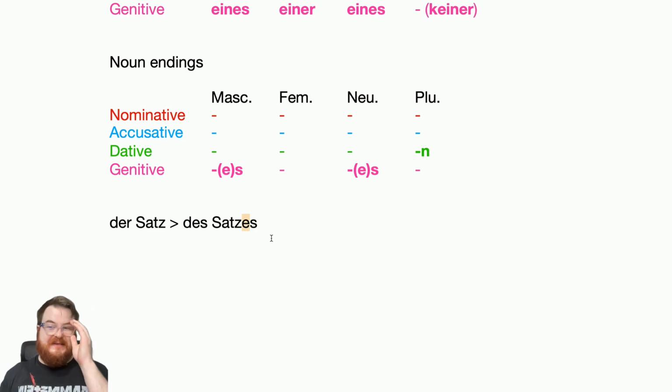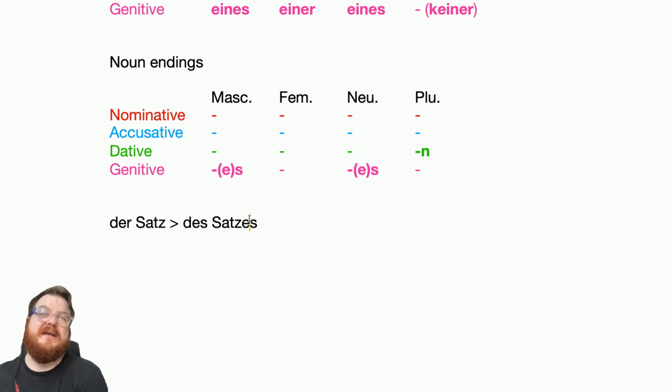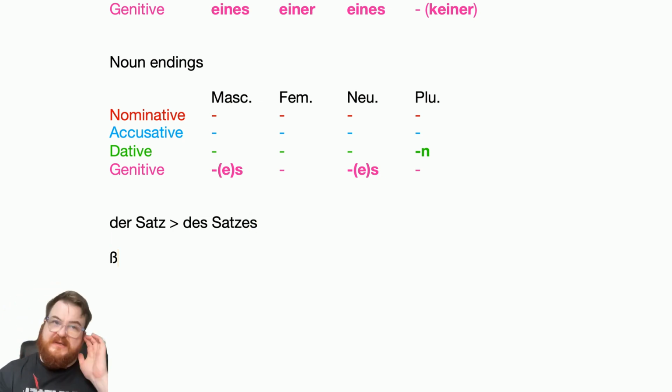And the reason it has a little e is because you can't say S and Z together. It's too difficult. So we need to bridge the sound. So if a noun ends with a z, an s, a double s, or an s-set, one of these, then you also need to add in an e.